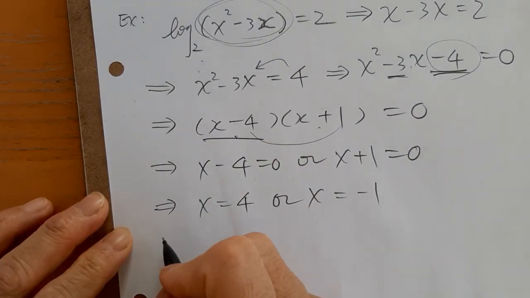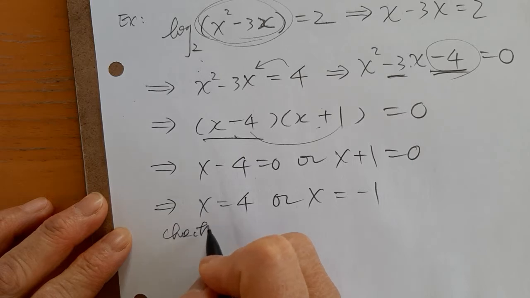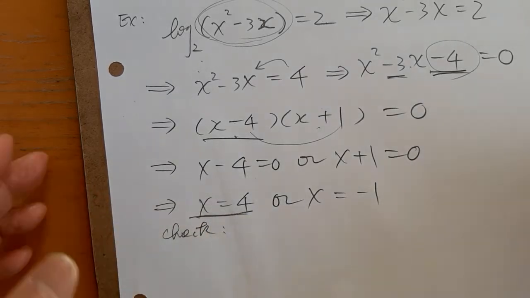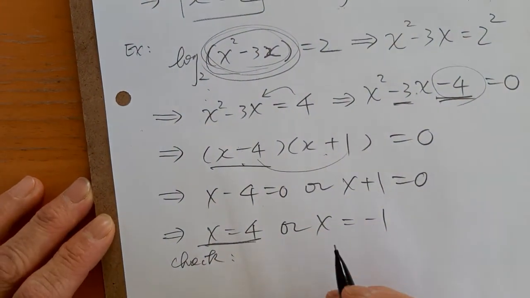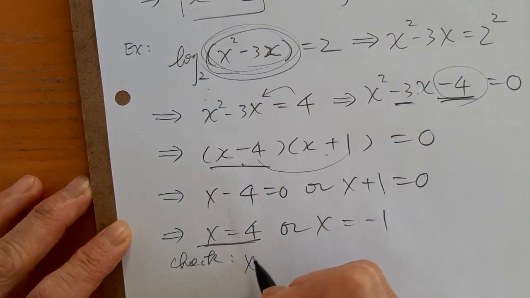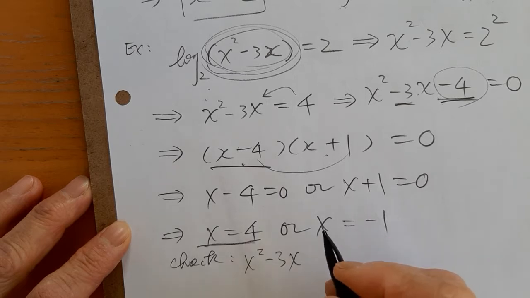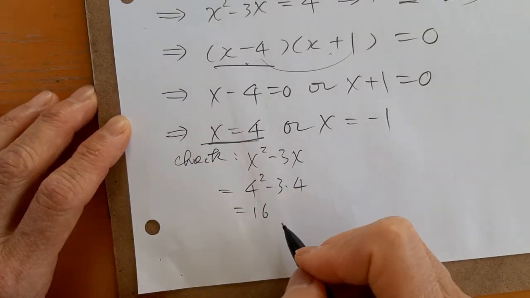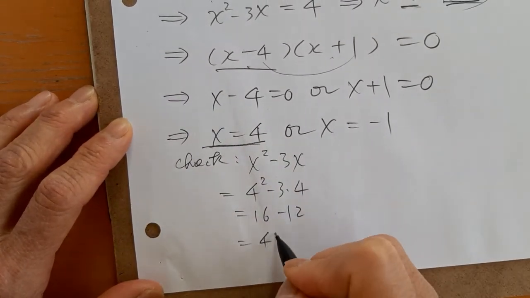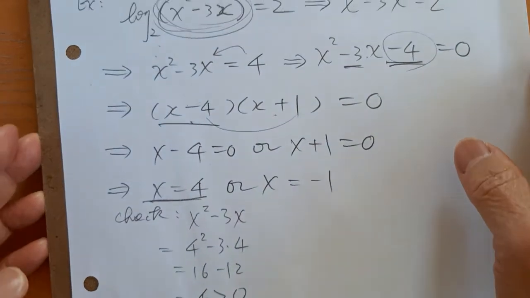Then you have to check. Let's check x equals 4. You have to plug it into the argument, x squared minus 3x. Plug in 4: 4 squared minus 3 times 4 is 16 minus 12, equals 4, which is positive.